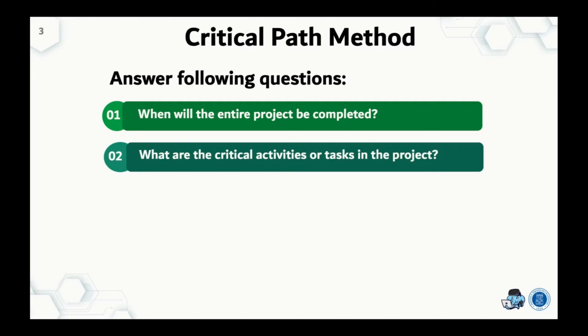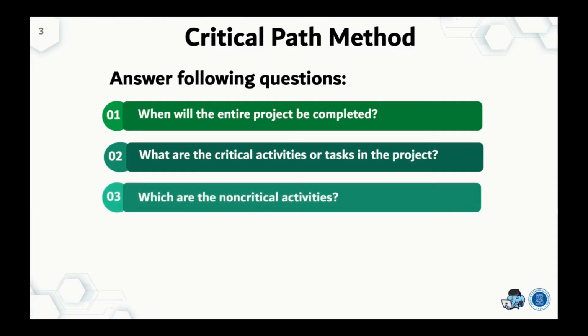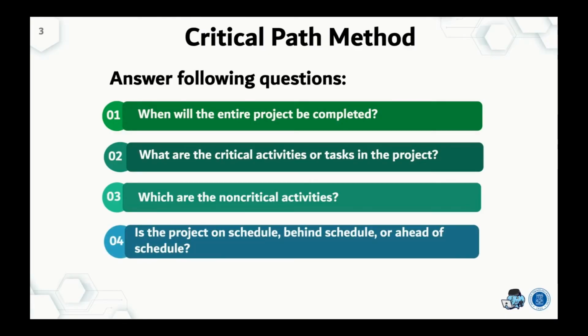So we can determine which activities are critical and which are not critical, and we need to pay attention to the critical ones. Then, which are the non-critical activities? Non-critical activities are activities having a slack time, an allowance.